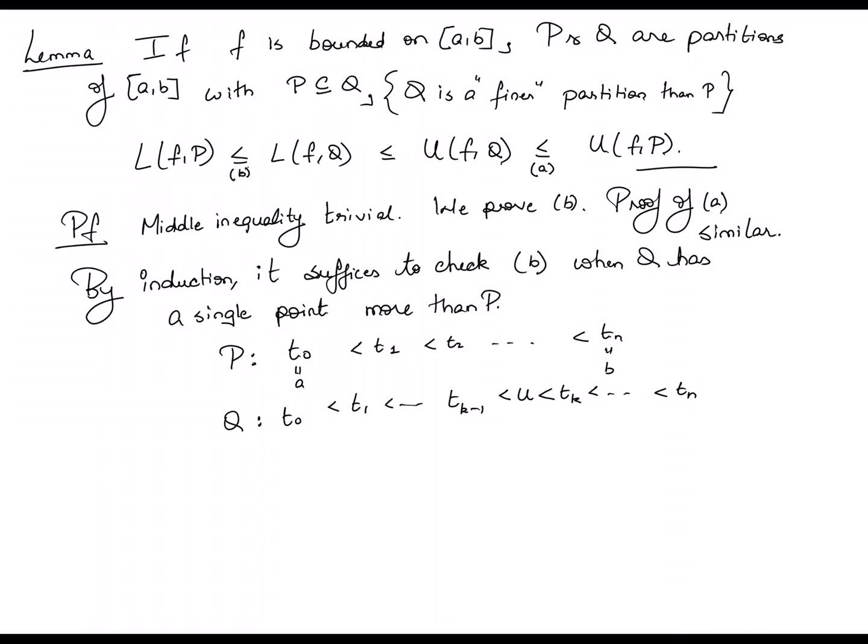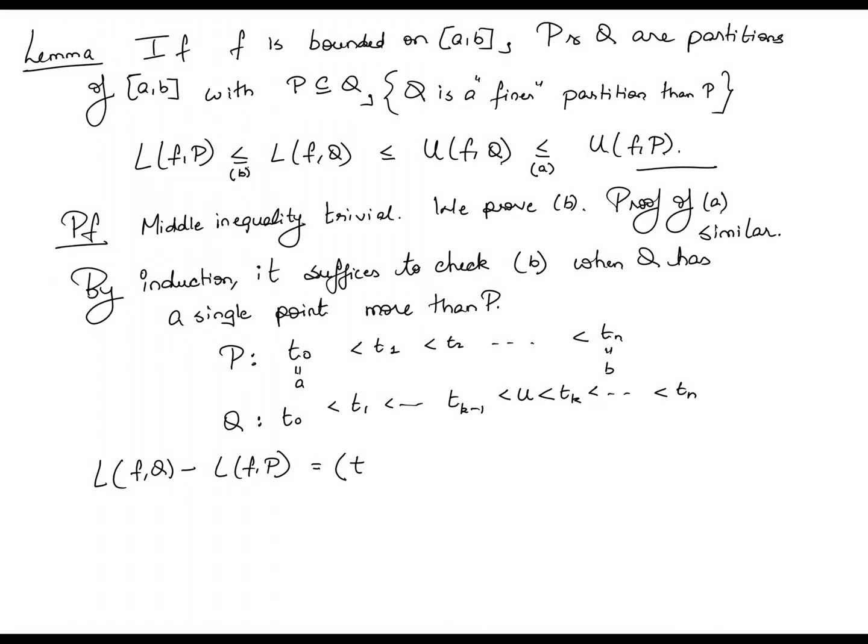Now what I want to do is look at the difference between L(f,Q) and L(f,P). Now note that in all areas except for the region between t(k-1) and tk, the subintervals in P and Q are in fact identical, which means all of the terms corresponding to those would in fact just cancel out. Right? So what are the differences? Well, in Q you would have two terms which correspond to the two subintervals, right? There's one from t(k-1) to u and one from u to tk.